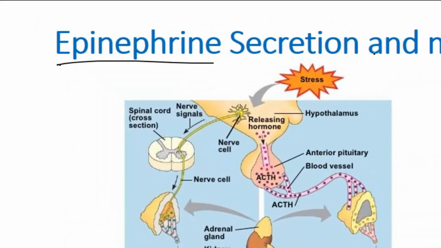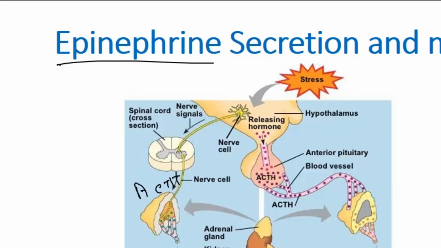As for the function of epinephrine secretion, epinephrine is secreted by the adrenal gland. The adrenal gland produces epinephrine, but for producing it, the adrenal gland is prompted by the pituitary gland with the help of ACTH.